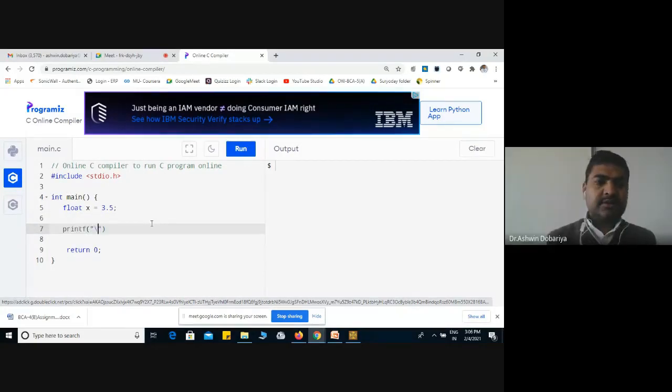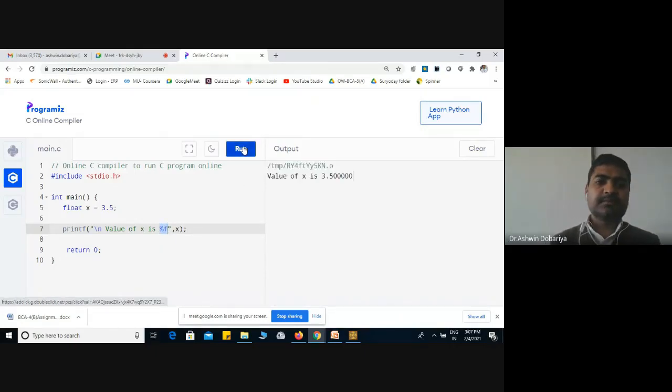Now see, here I simply store one float value in a float variable and display the same float variable on the screen using printf. But here I have used only percentage f. Let's see what the output is.